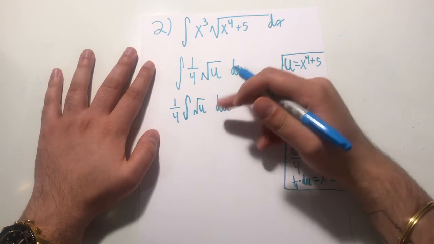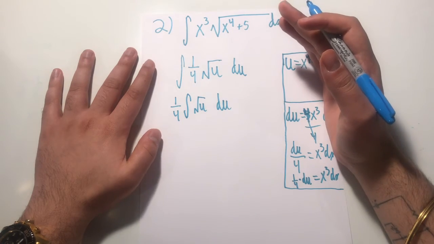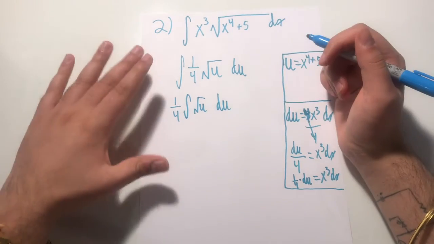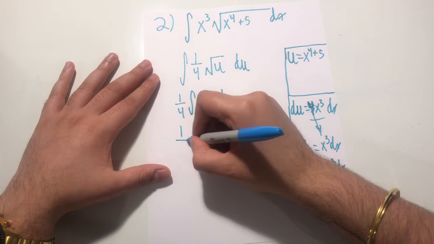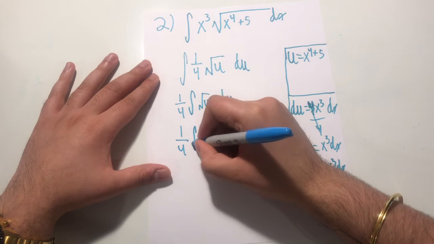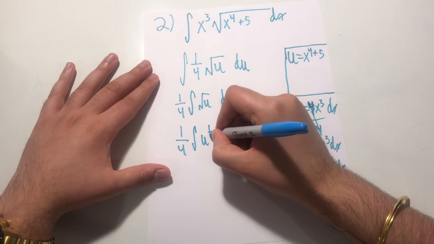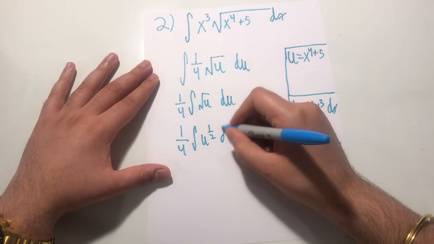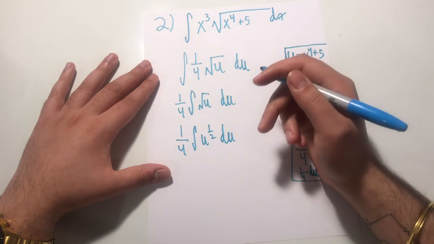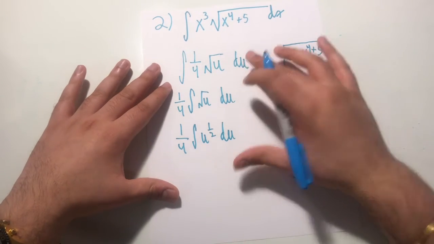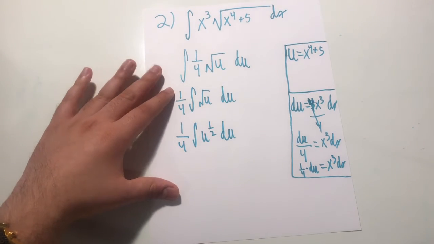Now I want to convert this to a form that's easier to work with, something we have a rule to take an integral of, and that's going to be the integral of u to the 1/2. I've mentioned it before, but you should know how to do that conversion. That should be very straightforward. It's something you would have learned in algebra.